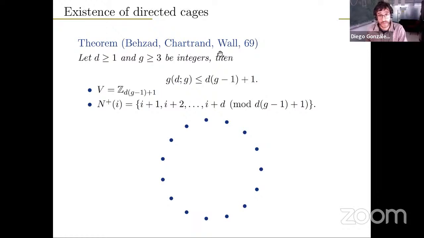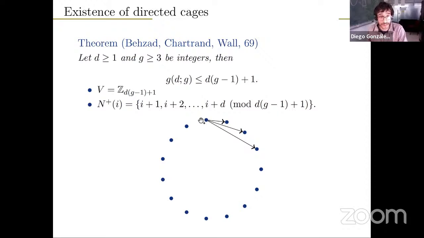So Behzad, Chartrand, and Wall in 1970 gave a construction for directed graphs with girth G. If D is at least 1 and G is at least 3, we can construct a circulant digraph, that is, a digraph where the vertices are the integers modulo this number, and the out-neighbors of every vertex are this set of vertices. That means each vertex is made adjacent to the next D vertices.